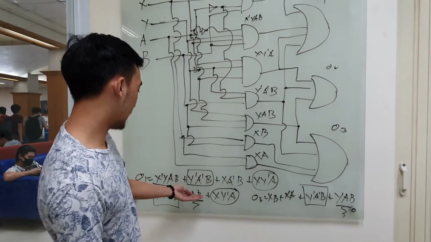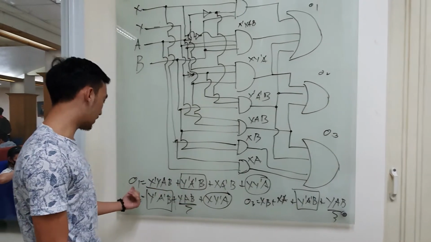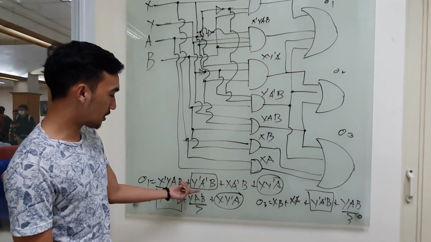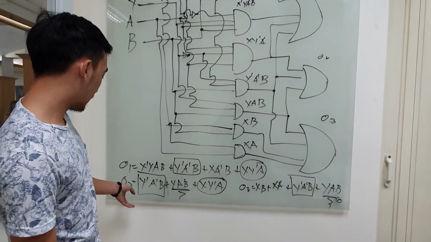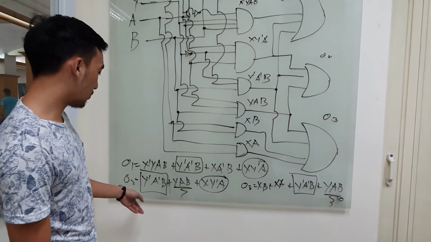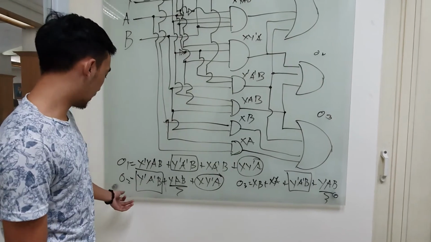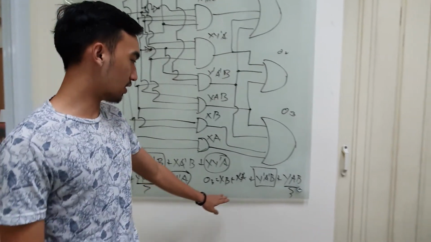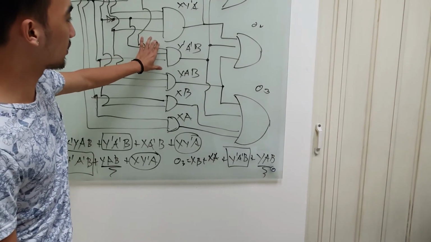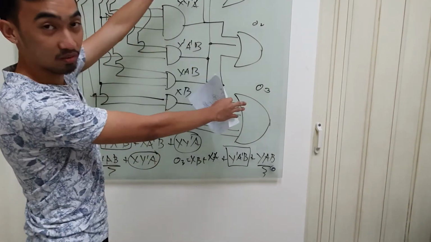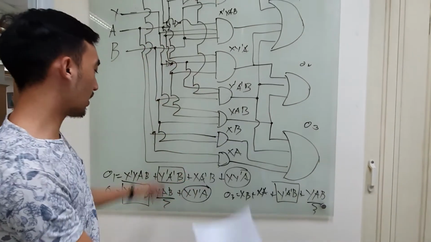Like this one here, from output 1, y bar, a bar, b. There is also a y bar, a bar, b in output 2 and output 3. So we just made it a single one and distributed it to the other outputs.